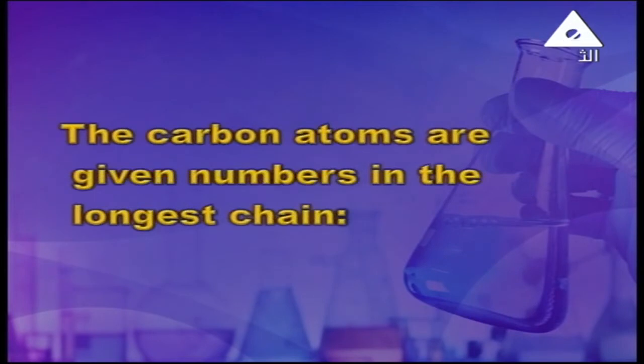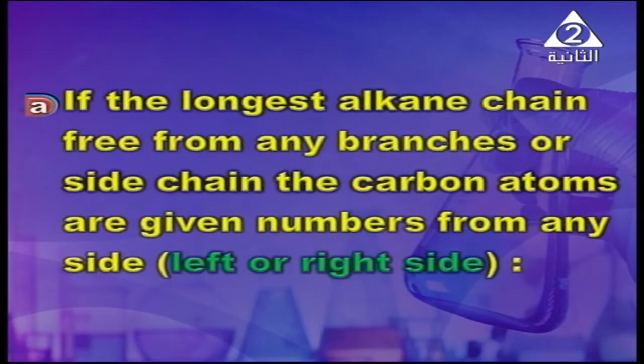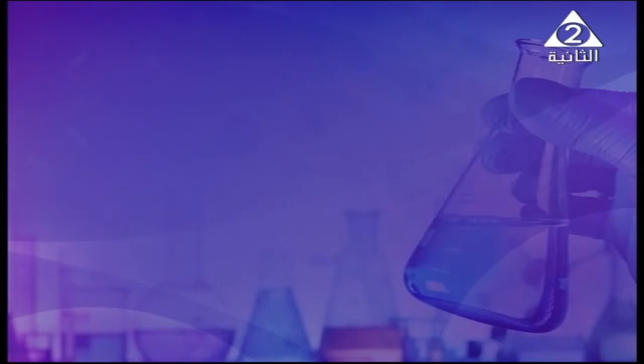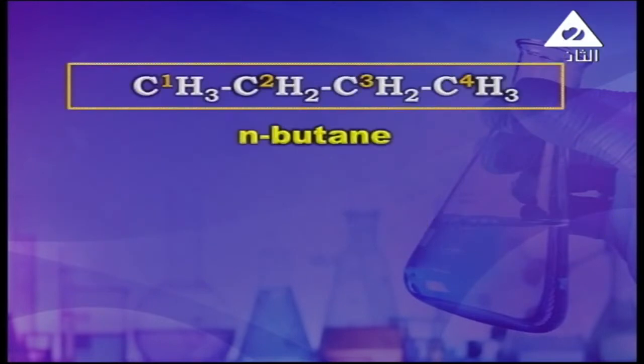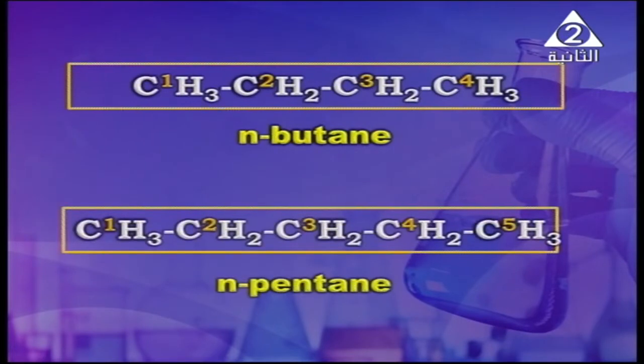The carbon atoms are given numbers in the longest chain. If the longest chain is free from any branches or side chains, the carbon atoms are numbered from either side, left or right, as shown on the screen. So it's called normal butane. Another example, it will be normal pentane.